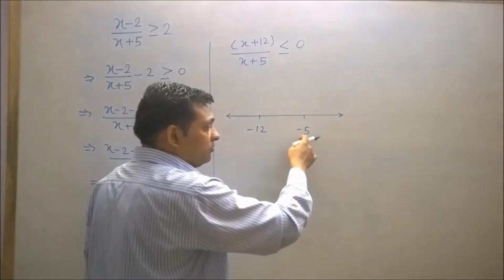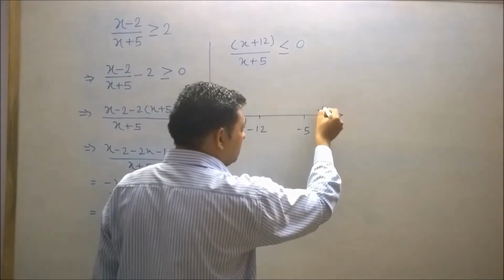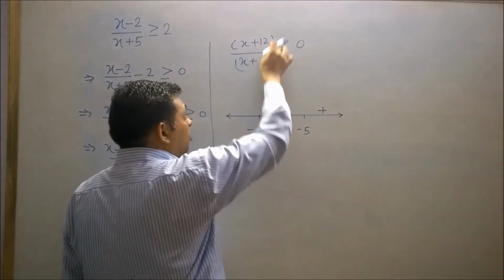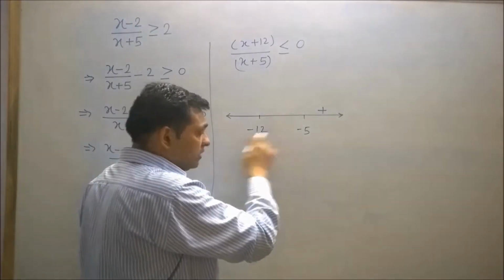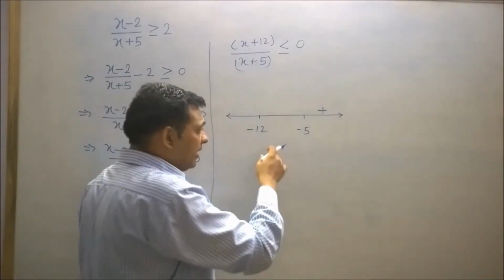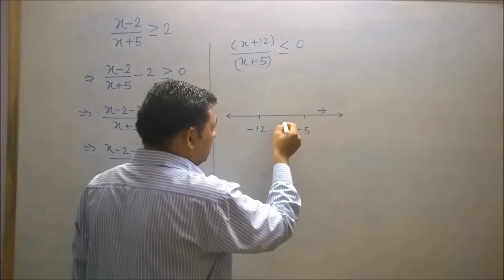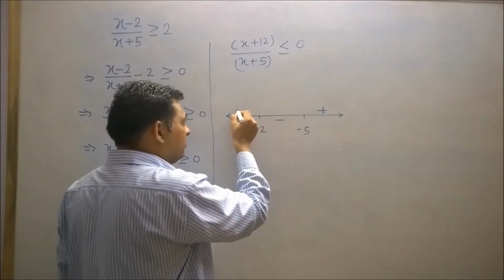To the right side of -5, there will always be a positive sign. Both factors have odd powers, so in other regions the sign will alternate between negative and positive. If this sign is positive, this will be negative. If this is negative, this will be positive.